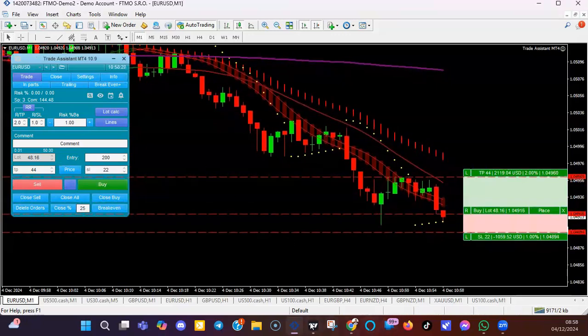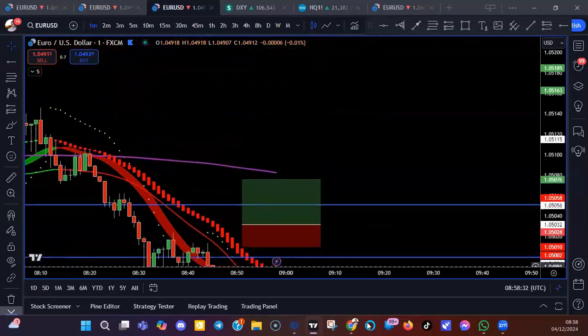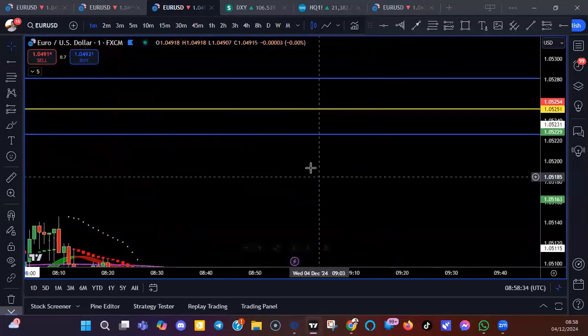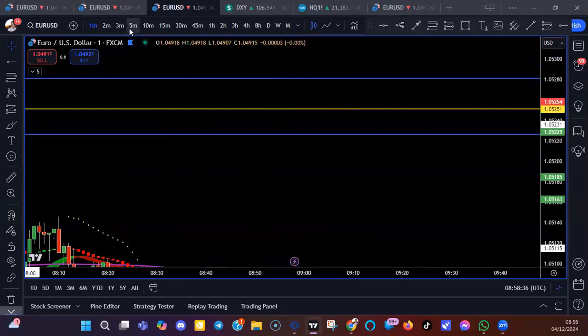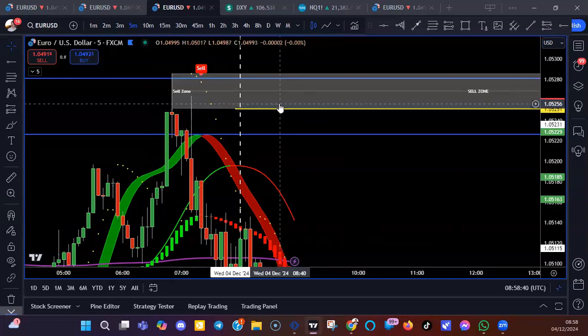Again, real quick, what you could do, say for example, if you were waiting for price to go into a zone, put it on the 5 minute, put your horizontal line there.